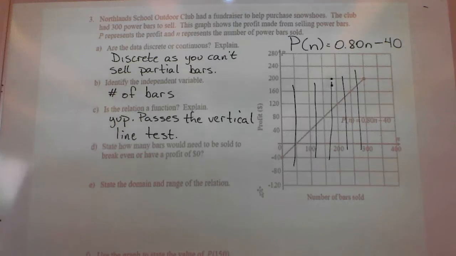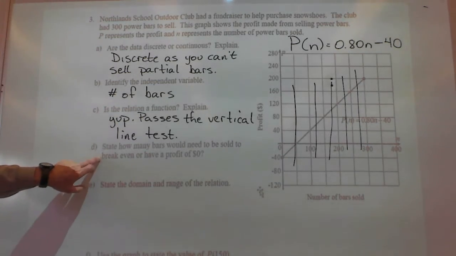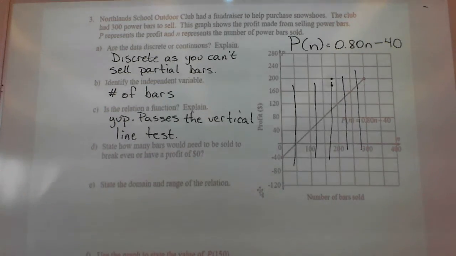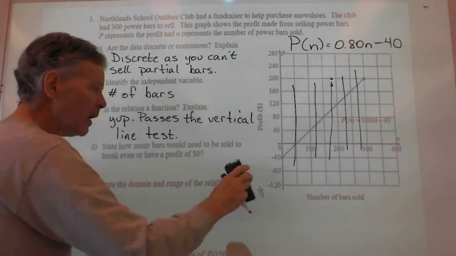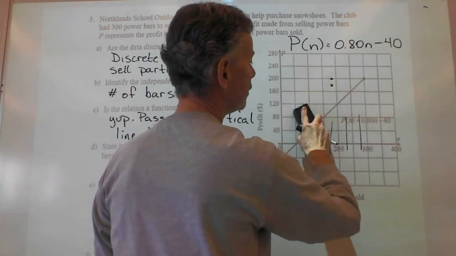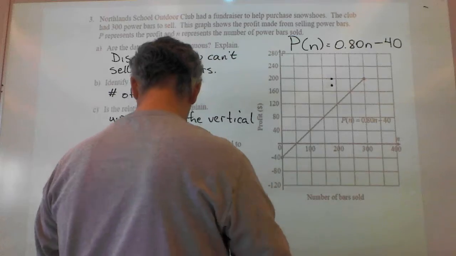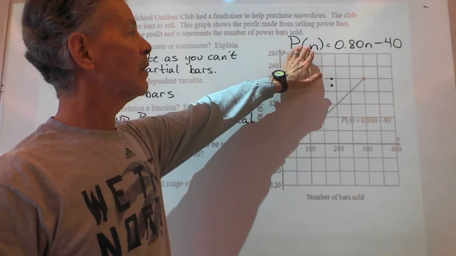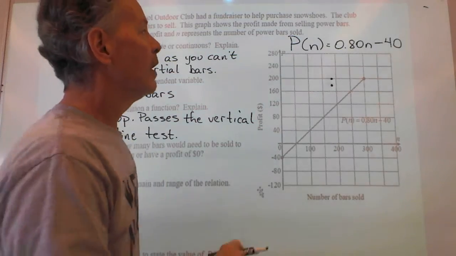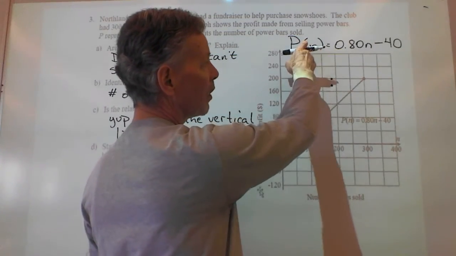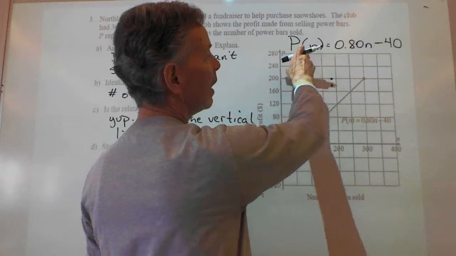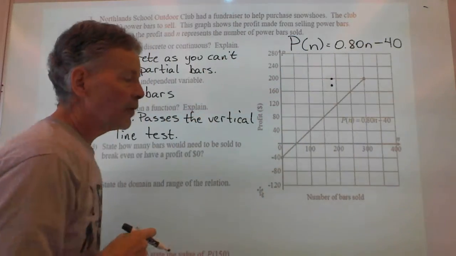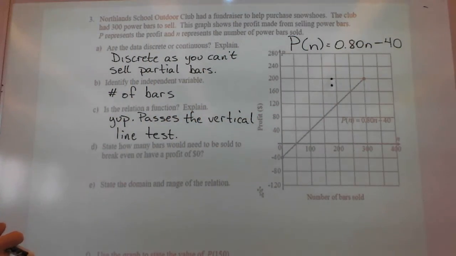State how many bars would need to be sold to break even or to have a profit of $0. Now there's a couple of different ways you can do this. If you have an equation, they're telling you your profit is $0, you could plug in $0 for your value and figure out how many chocolate bars you would have to sell. Okay?